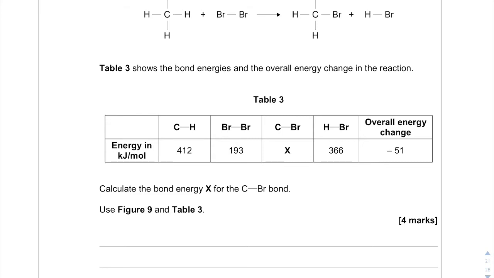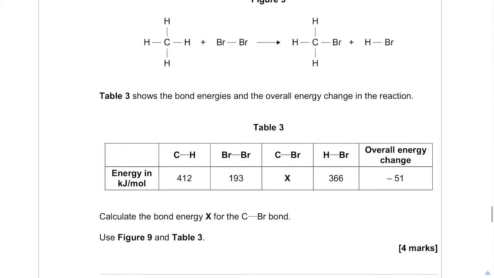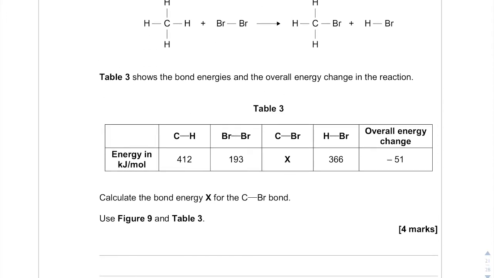So we know that the energy input to the system is equal to the energy output from the system, which means that the amount of energy we put into breaking bonds is equal to the energy that comes out from forming the bonds.